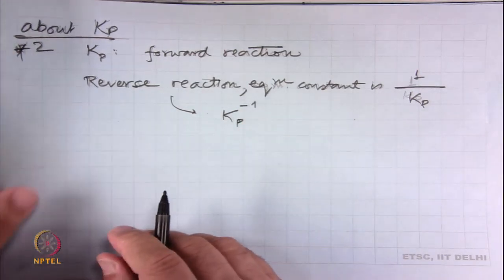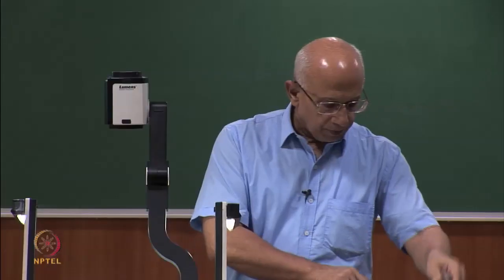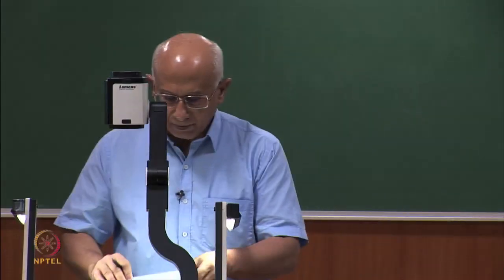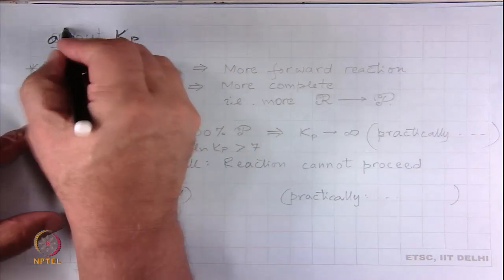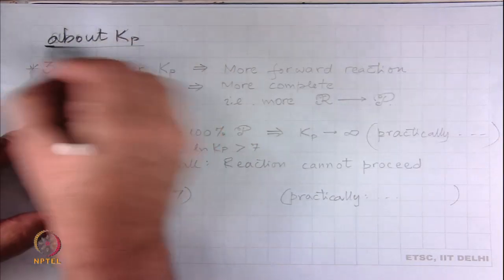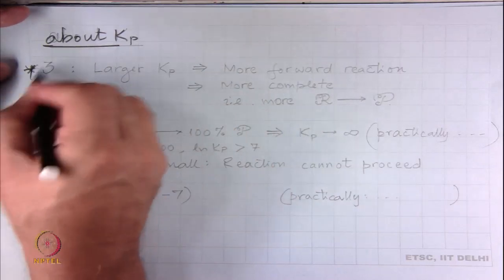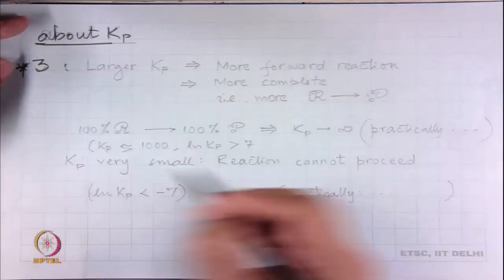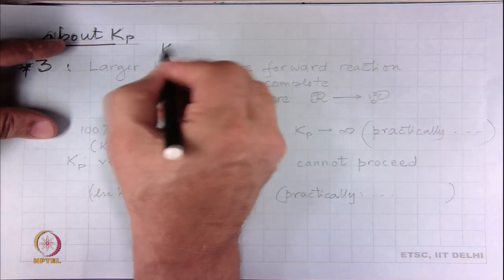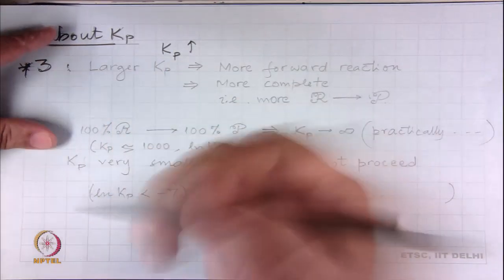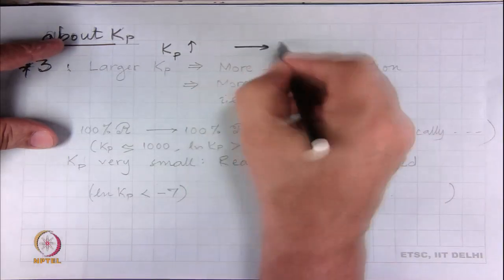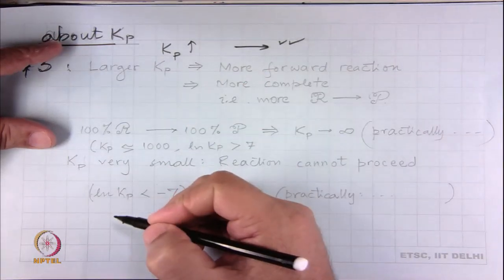Then the third thing about K p is that as K p is large, or big, or increasing, the forward reaction will go to a larger extent.